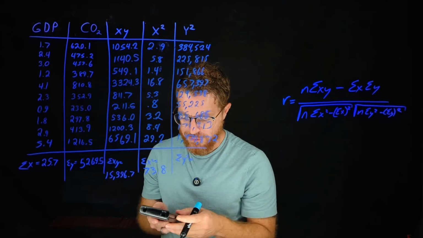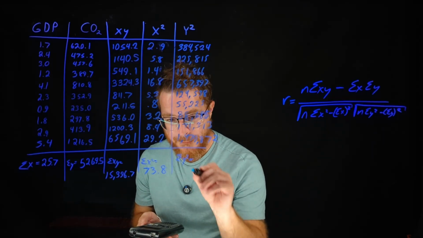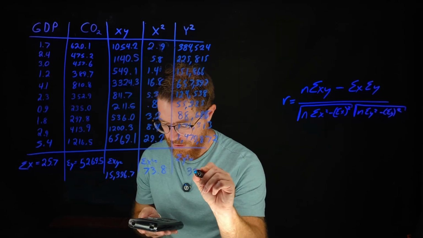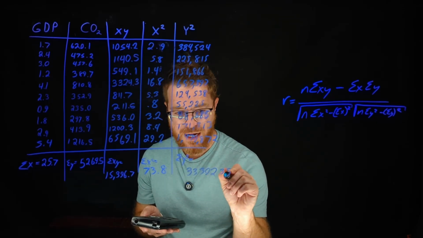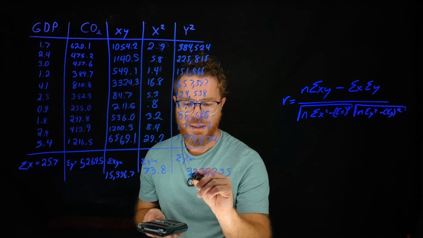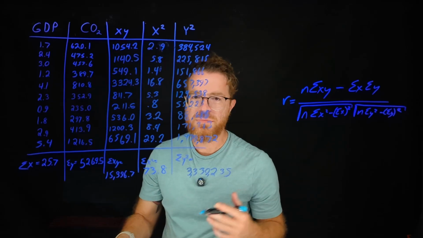Adding all that together, we get a total of 3,339,235, and then 0.3 if we wanted to keep it to one decimal.